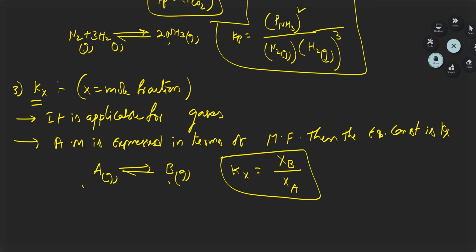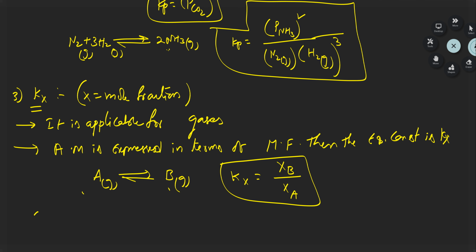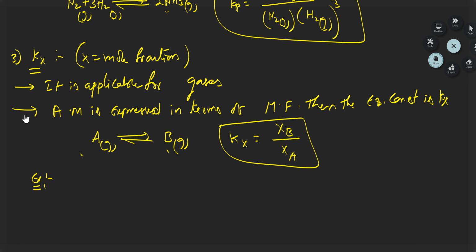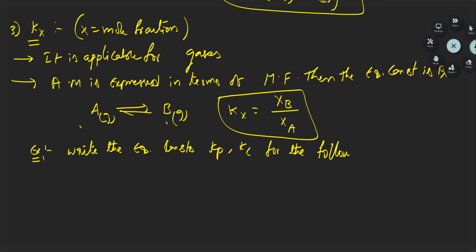Next, relation between them, or take some examples. Write the equilibrium constants Kp and Kc for the following reactions.